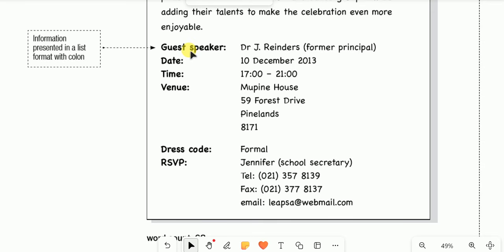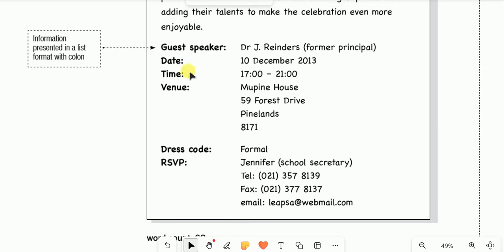Remember, this is creative writing, so you may opt to have a guest speaker depending on the nature of the event that you are inviting your guest to. The date is important, time is important, venue is important, dress code is important. These are the elements of an invitation card that you cannot afford to omit.